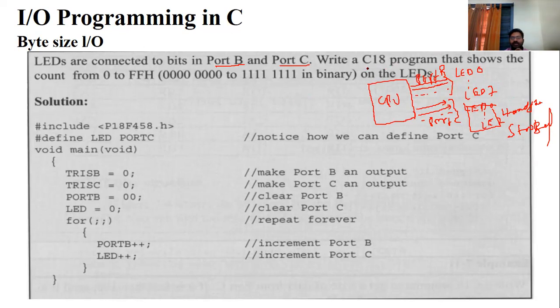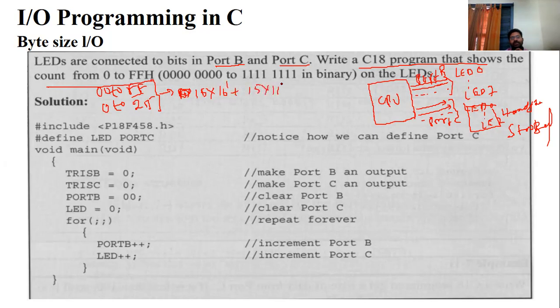Write a C18 program to show the count from 0 to FF, nothing but 0 to 255. FF means 255. You know how that value comes. F into F is nothing but 15 into 16 power 1, plus again F is nothing but 15 into 16 power 0.